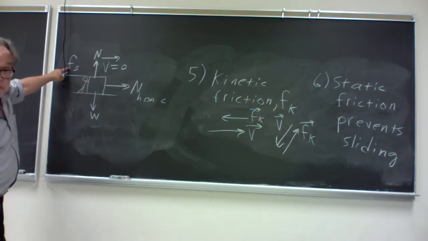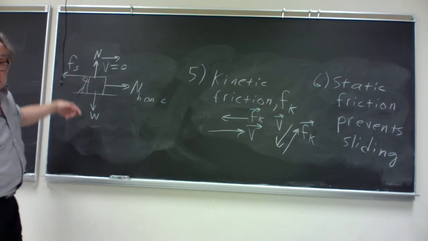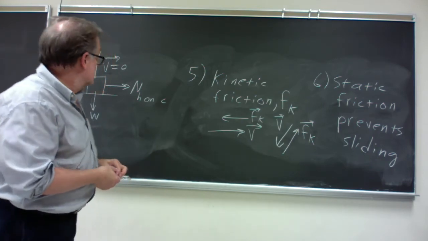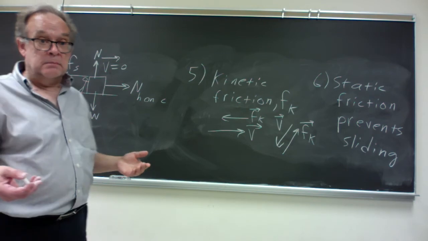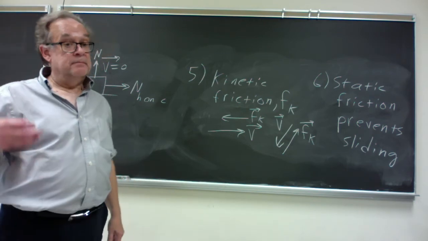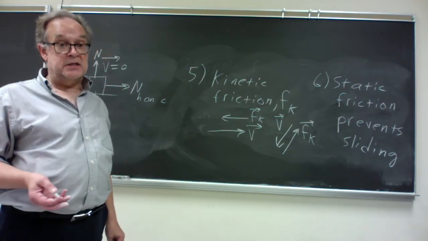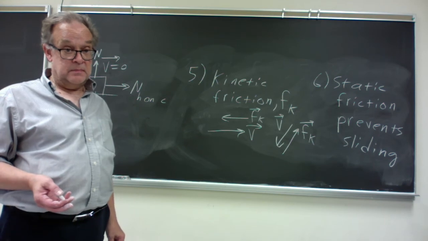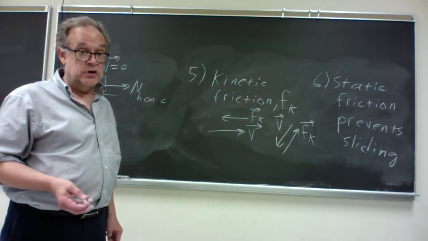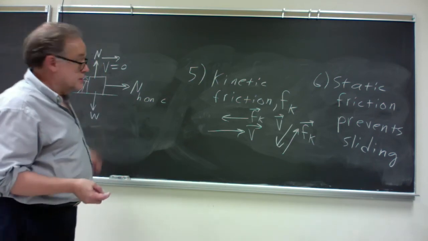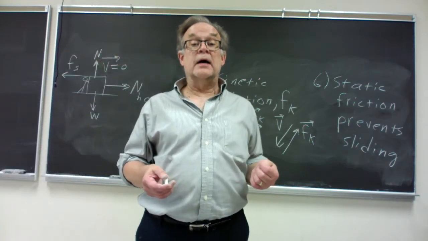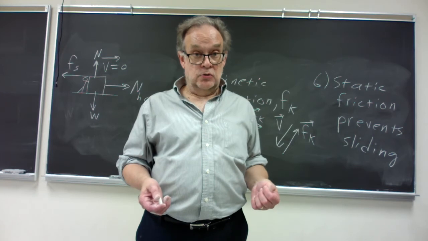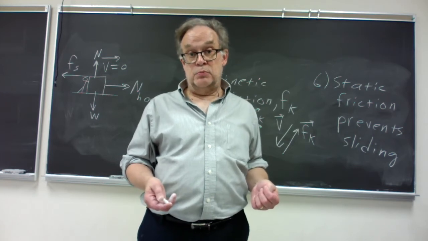Lowercase f because it's a friction force, and subscript s because it's a static friction force. Whenever there could be sliding, but the sliding is prevented, it's prevented because of a static friction force. And note that the static friction force, just like in this example, in every example, will point opposite to the sliding that it is preventing.